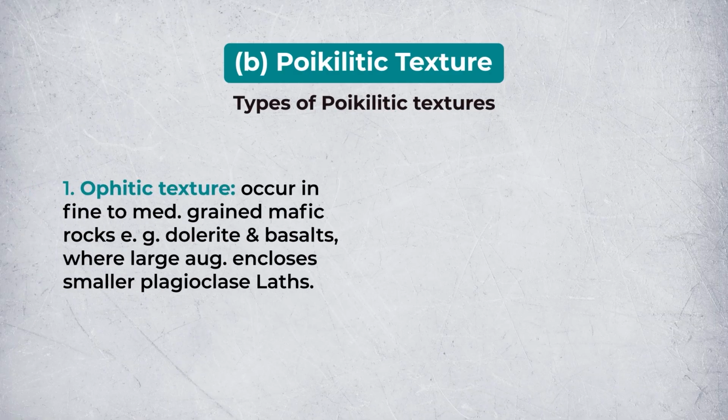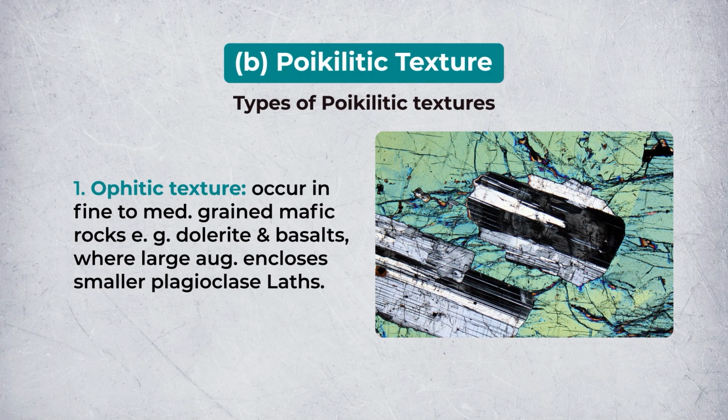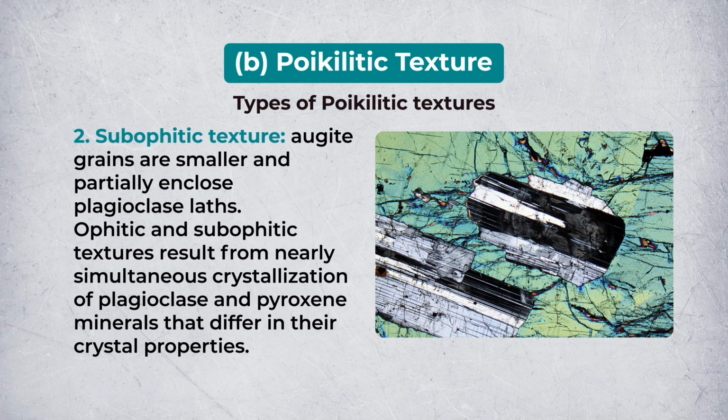The first category is ophitic texture, which occurs in fine to medium grained mafic rocks, for example dolerite and basalt, where large augite crystals enclose smaller plagioclase laths. Number two, subophitic texture: augite grains are smaller and partially enclose plagioclase laths. The plagioclase laths are partially inside the clinopyroxene grains and partially outside.